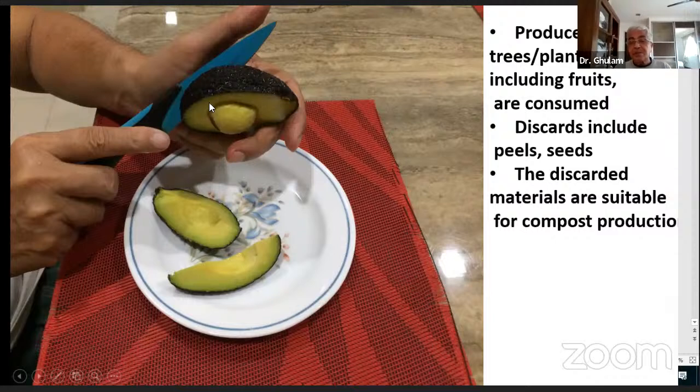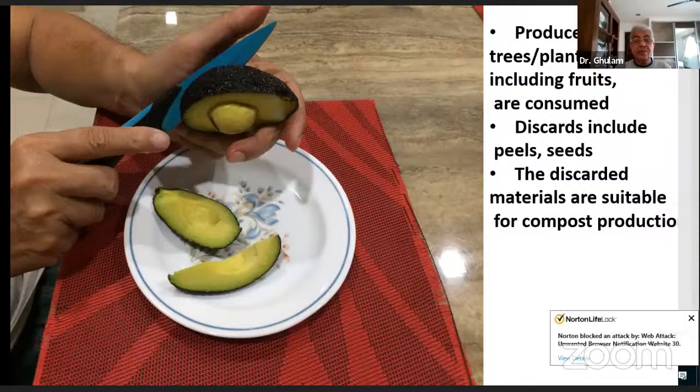consumed directly by you. So actually, you should consider all these different parts other than the flesh or whatever you consume as also a natural resource, because they came from the soil, from the nutrients in the soil and from the water and so on to form these things.